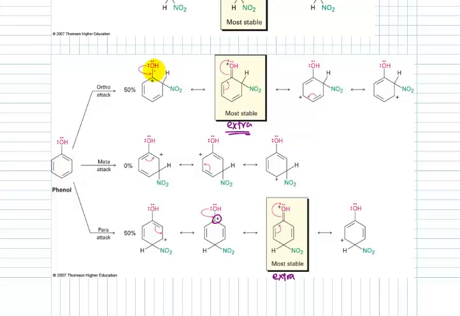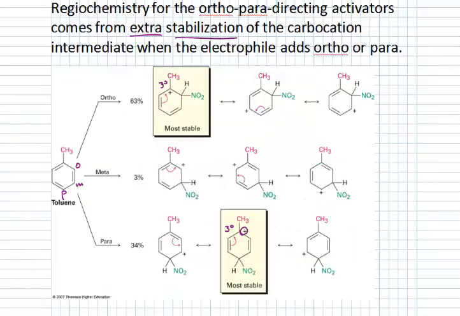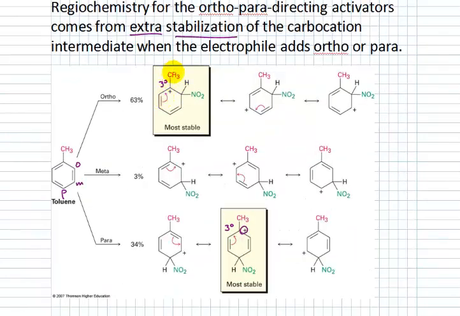Be able to identify that it's special. When I have a plus charge next to something with a lone pair, those electrons get donated in. If it's just a plus charge by an alkyl group, that's just an extra stable tertiary carbocation. There's no resonance donation, but there is some inductive donation that stabilizes that plus charge.